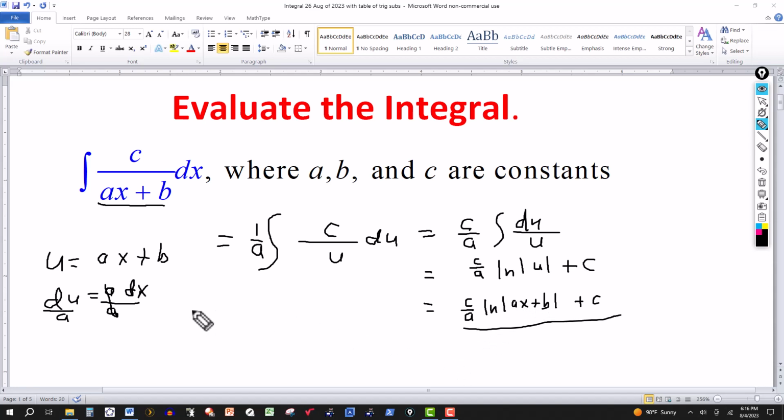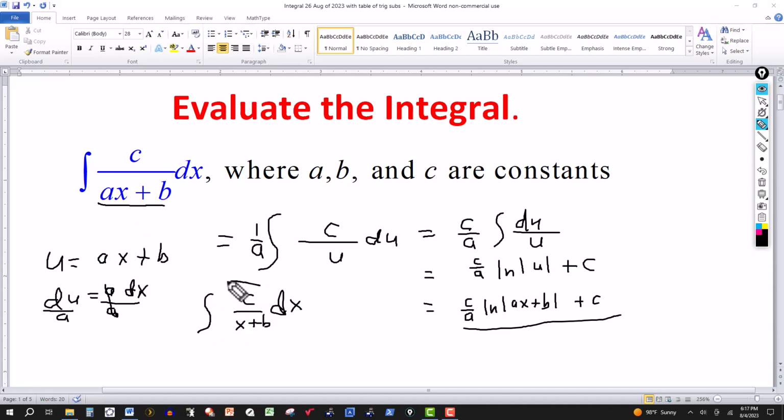So anytime you have the integral of, say, any number you want, I'm going to call it just c. C can be 1, 3, -5, whatever. And then this is dx. And let's say in the denominator you have x plus any number. Let's just call it b. The only difference here is that the coefficient of x is 1.